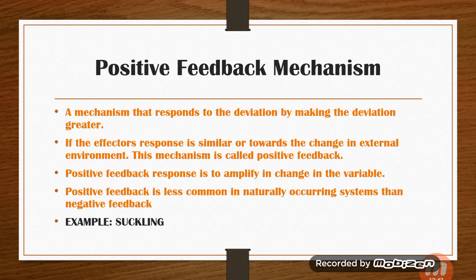Now, the positive feedback mechanism. It is a mechanism that responds to the deviation by making the deviation greater. For example, if your body is taking something, it will ask the other system to increase the production of that particular content. As you know, in the negative feedback mechanism, if something is increasing, the body would stop its production.